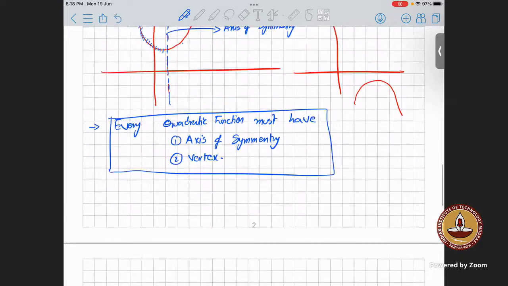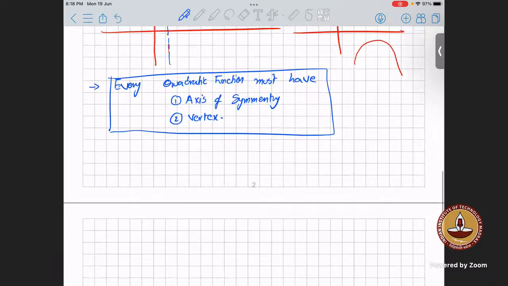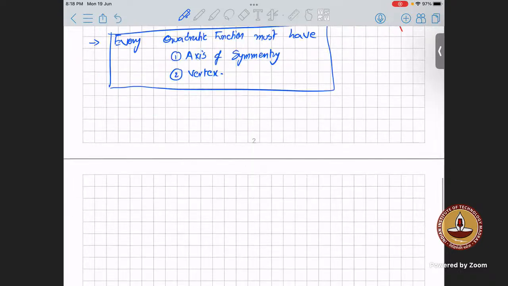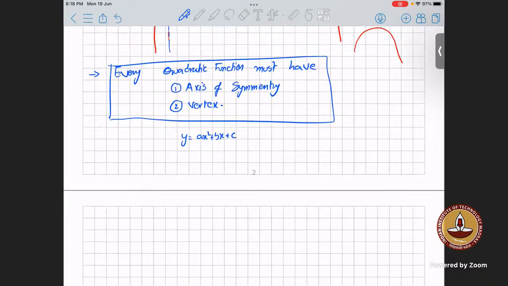If someone says you have a quadratic function y equal to ax square plus bx plus c, then this quadratic function must have an axis of symmetry and a vertex.